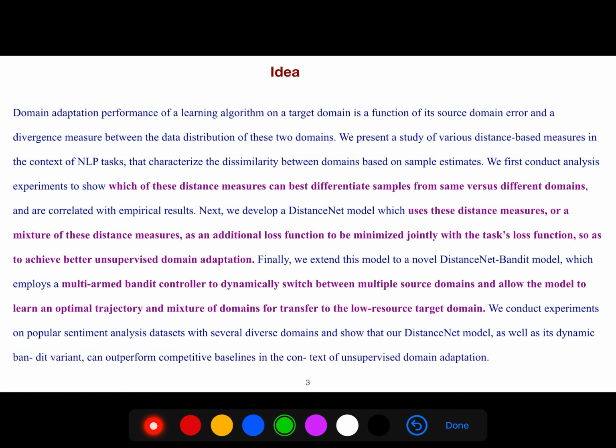We first conduct analysis experiments to show which of these distance measures can best differentiate samples from the same versus different domains, and are correlated with empirical results.